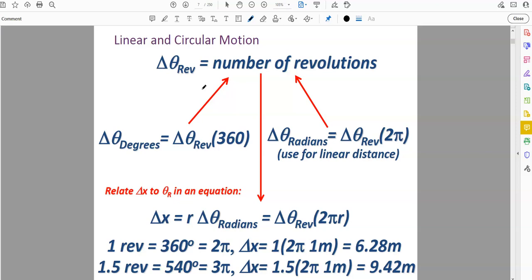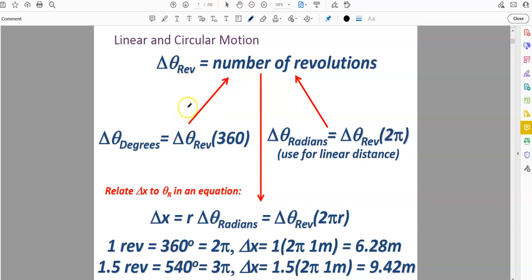So here's what I would like to propose. Instead of keeping things in terms of degrees or radians, just keep it simple. How many turns did that wheel make? How many revolutions did that wheel actually roll? Did it turn twice, 3 times? Did the wheel only roll a quarter of a revolution?